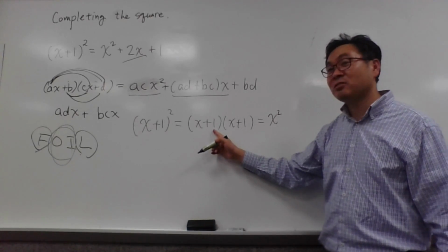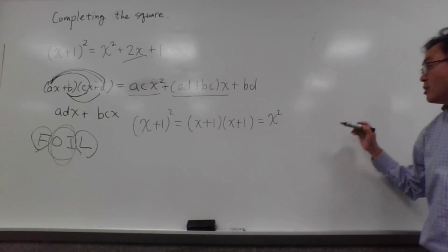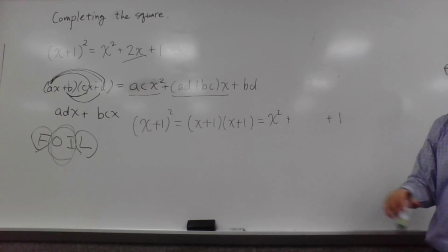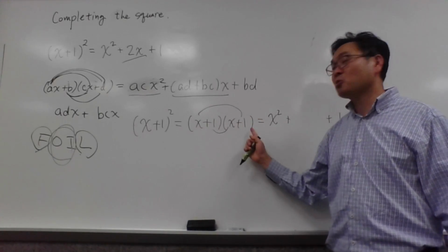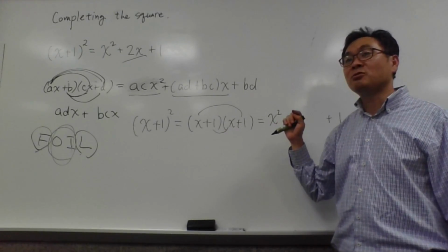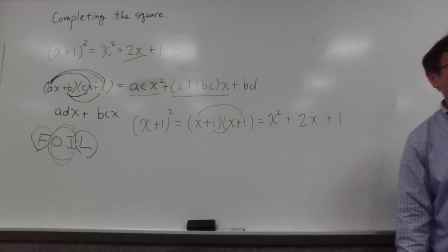Last, 1 is the last here, 1 is the last here. If you multiply them, you get 1. But it creates something in between. There's the outer and the inner. What is the outer? X times 1 is X. 1 times x is x. If you add the two, what do you get? 2x. That's where the 2x comes from, okay?